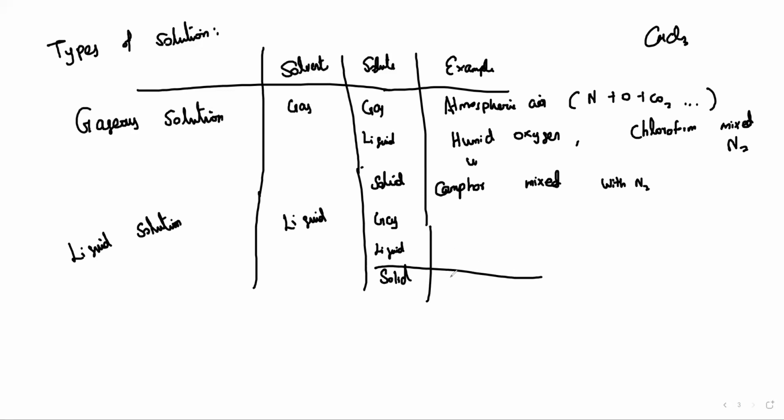We have solid in liquid, that is salt water, sugar water, etc. When liquid is completely dissolved in liquid, we can say ethanol, that is ethyl alcohol, mixed with petrol or water. That is called a liquid in liquid solution.